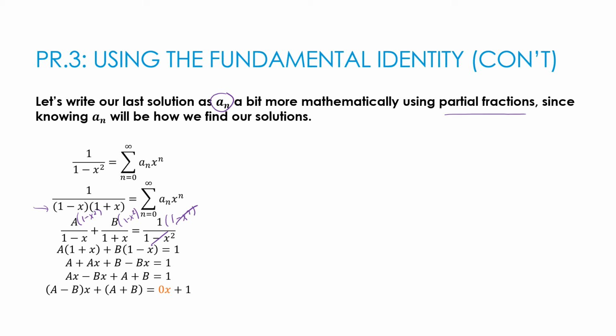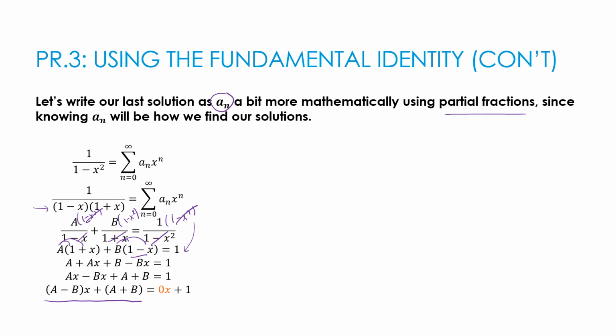So this goes away and just gives me the 1. The 1 plus x cancels and gives me the 1 minus x. This one, the 1 minus x cancels and gives me the 1 plus x. And then I'm just distributing a, distributing b, and eventually I end up here.